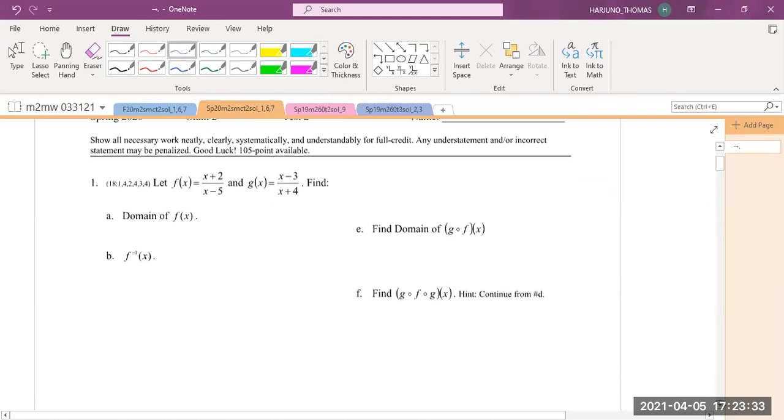So number 1, what's the domain of f(x)? The domain of f(x) is all real numbers except 5. That one is easy. Step 2, what is the inverse of f(x)? Step 1, replace f(x) with y. Step 2, swap x and y.